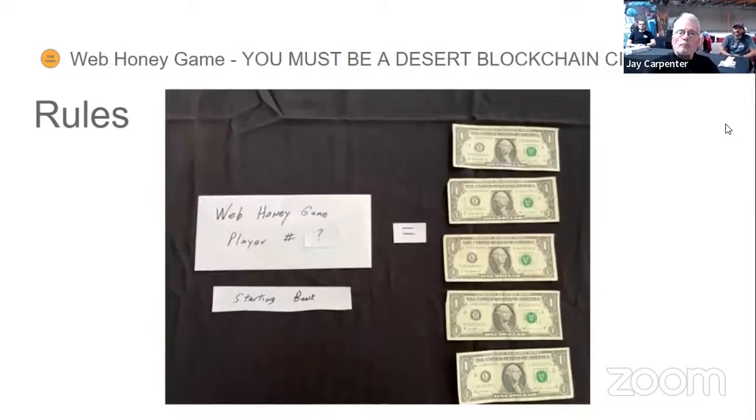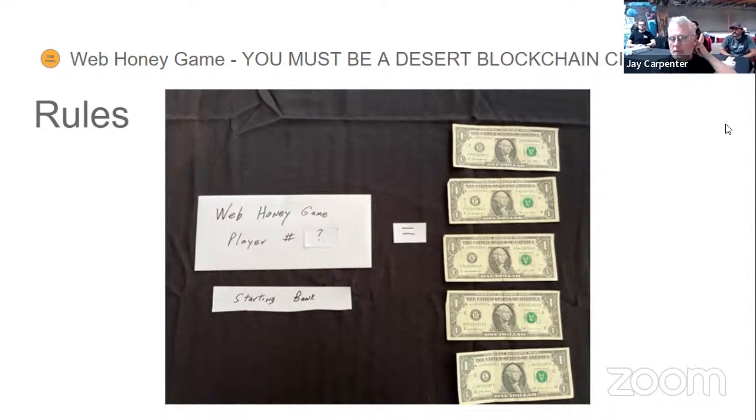So each Web Honey game player will get a bank to start the game with of 5 $1 bills, and that will be the starting bank.